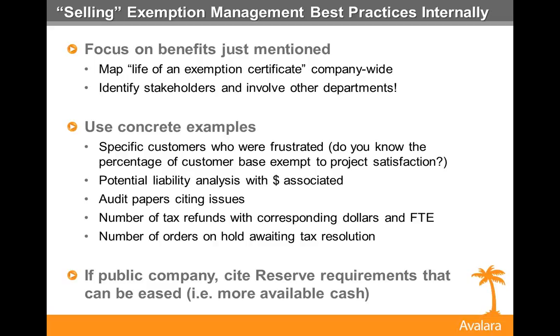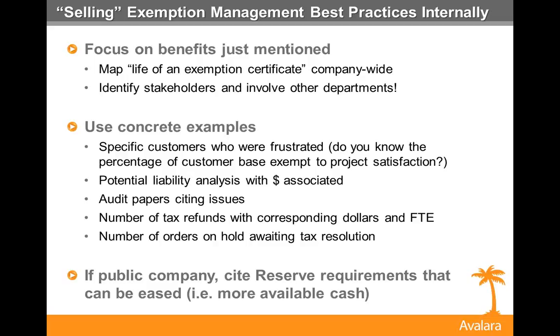Use concrete examples. Give specific situations of customers that were really ticked off because you've asked them for the same certificate 30 times. Give specific examples about the audit assessments that you've paid because you've missed exemption certificates.